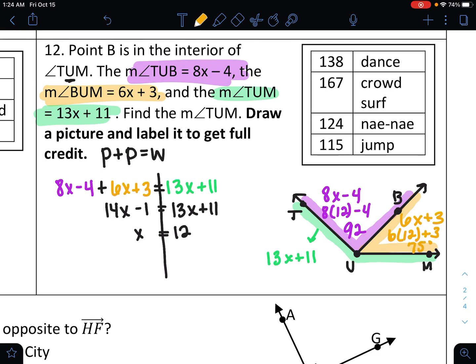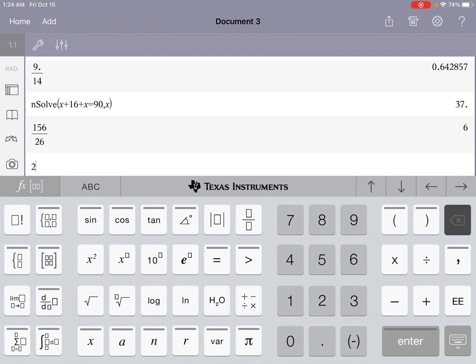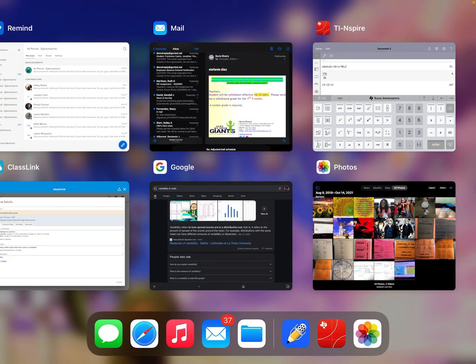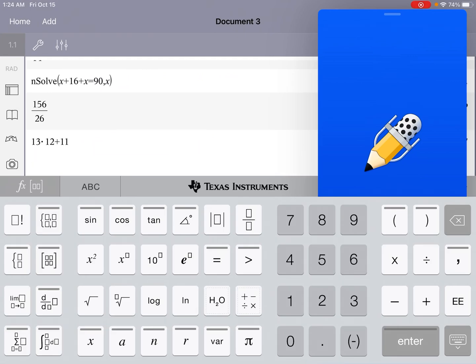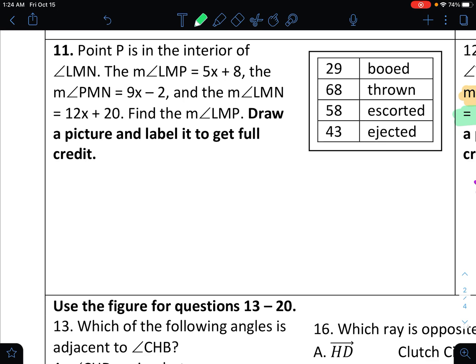Okay, so I got 92 degrees and 75 degrees. And let's see what this comes up with. 167.